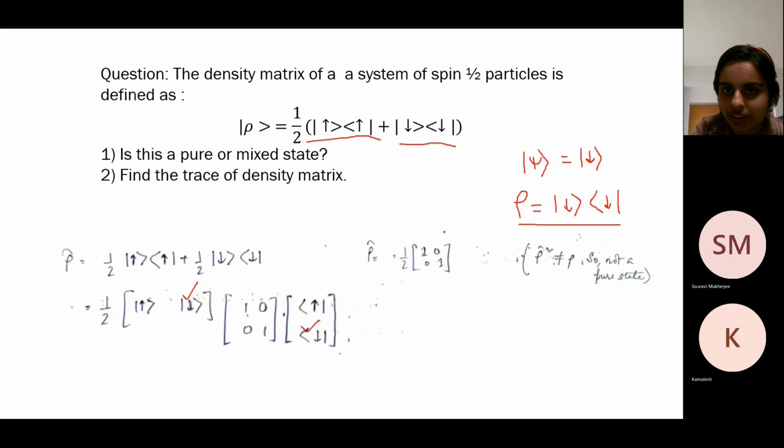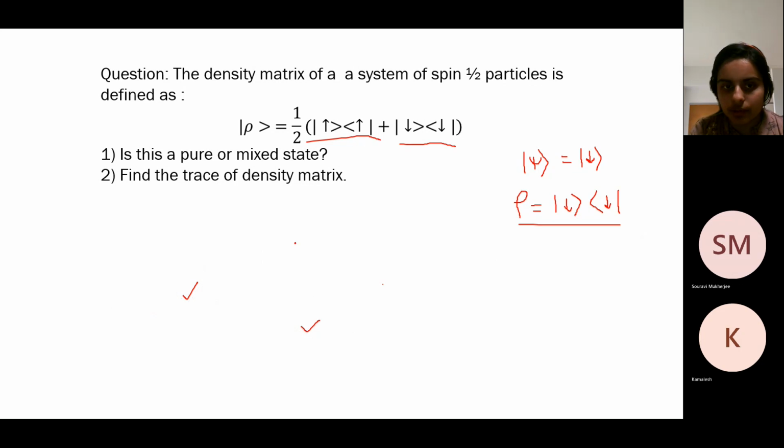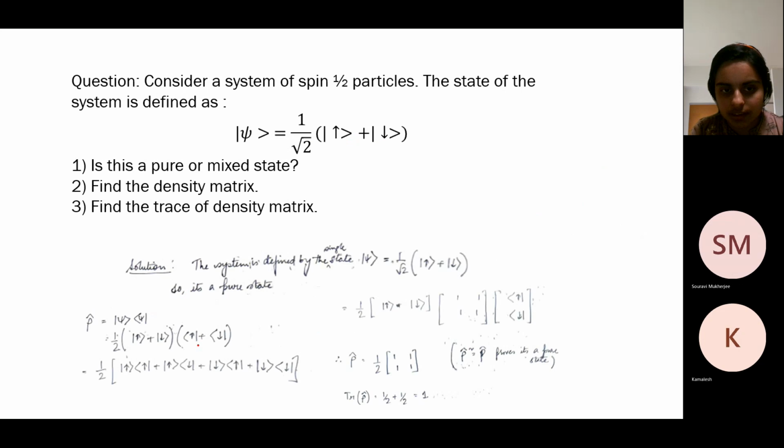But whatever the state, what does the coefficient tell you? The coefficient tells you the probability of being in this state, right? The physical significance of the coefficient is the probability of being in this state, or the probability that it changes from one state to another. Suppose you have combination terms like this.